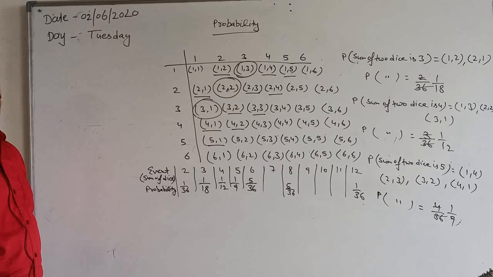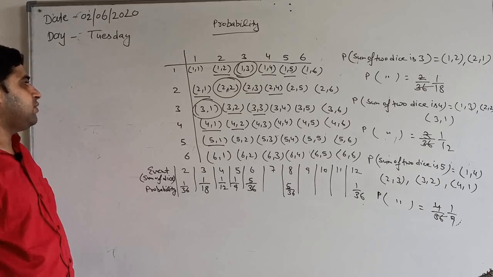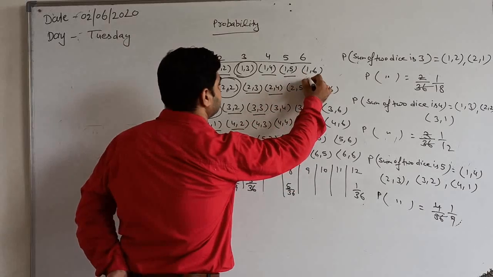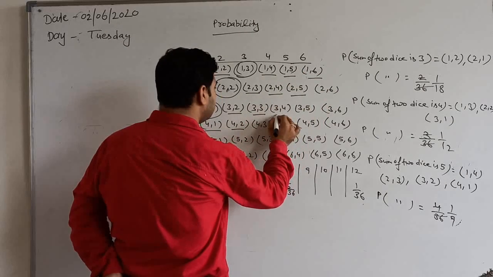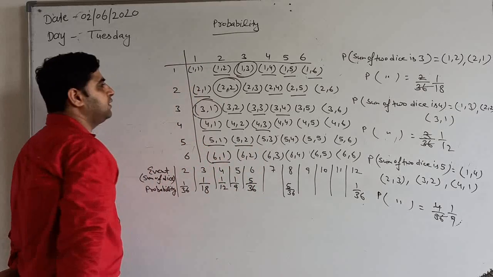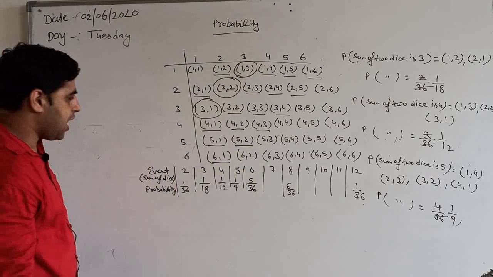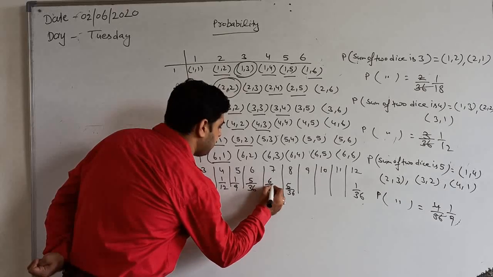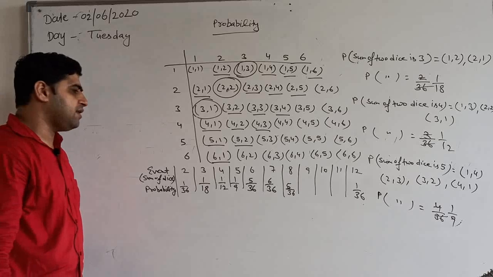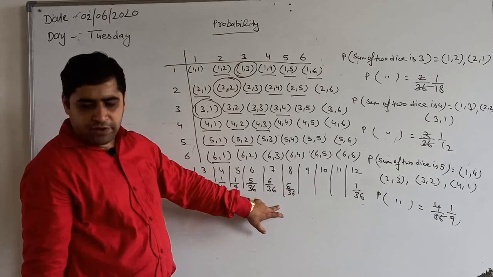Then 7 will come out. The sum of the two dice coming out 7: 1, 2, 3, 4, 5, 6. So how many times? 6 times. So here 6 by 36.